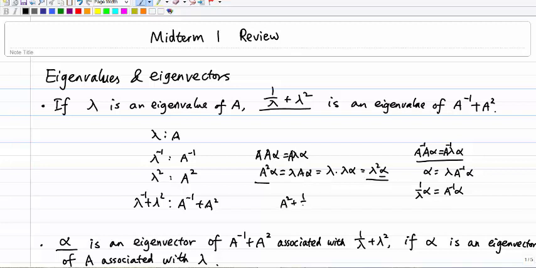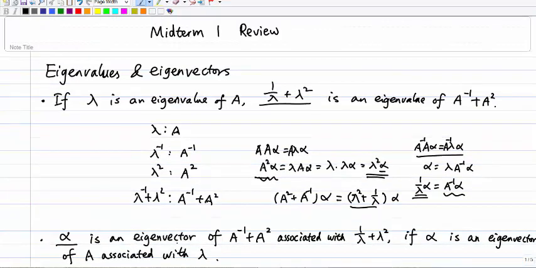Okay. So if you put these two together, you get A squared plus A inverse times alpha, so this side plus this side, equal to lambda squared plus 1 over lambda times alpha. It means this is an eigenvalue of the matrix A squared plus A inverse, and alpha is still its eigenvector, which actually solves the second problem.